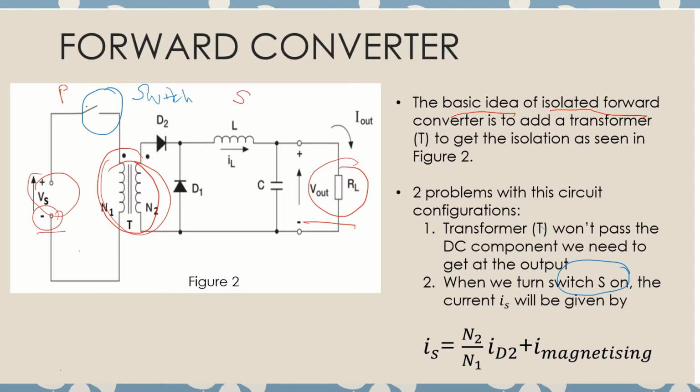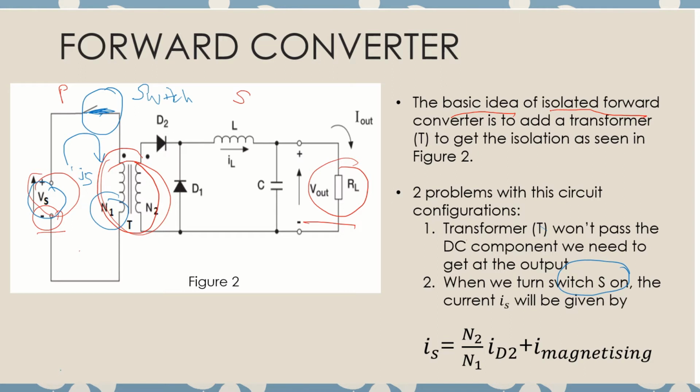When the switch is on, it will get connected. So what will happen? Of course, we have a voltage source, and we will have an IS flowing. IS will flow when the switch is on, through the N1 winding.